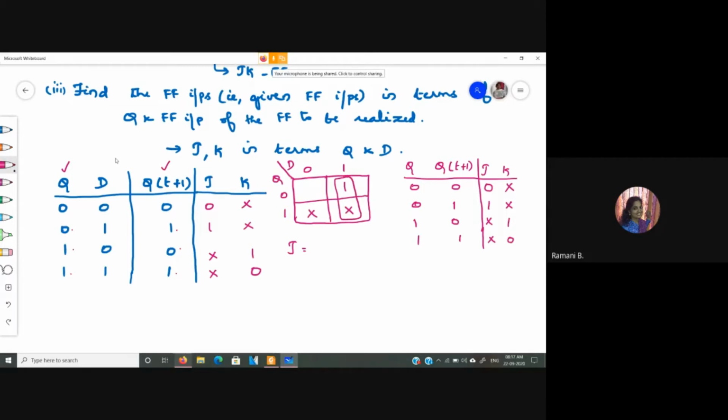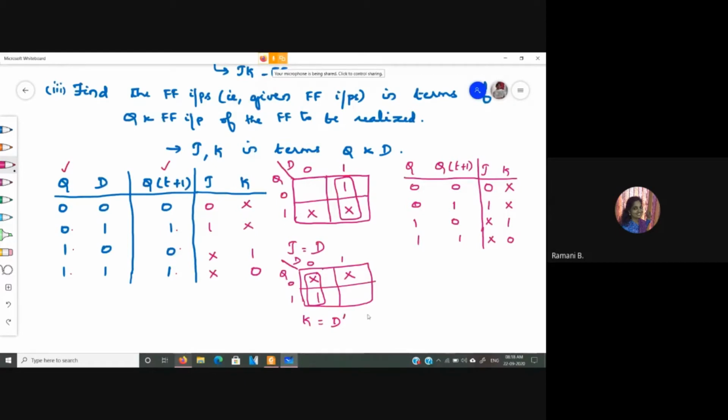So you get J is equal to D. And for K, Q and D, 0, 1, 0, 1. Here in 0 and 1, you have don't care, and with 2, you have 1. So here your expression is K is equal to D bar.